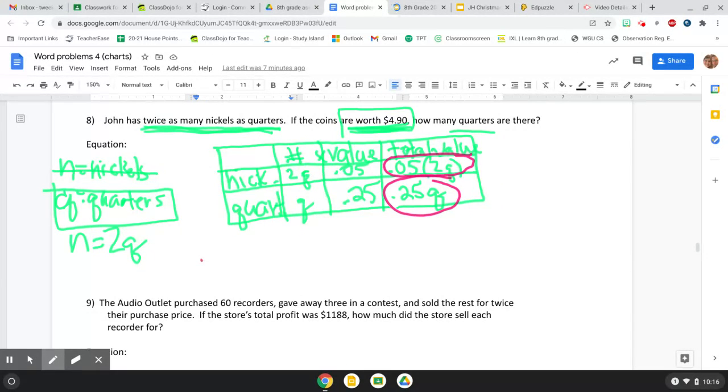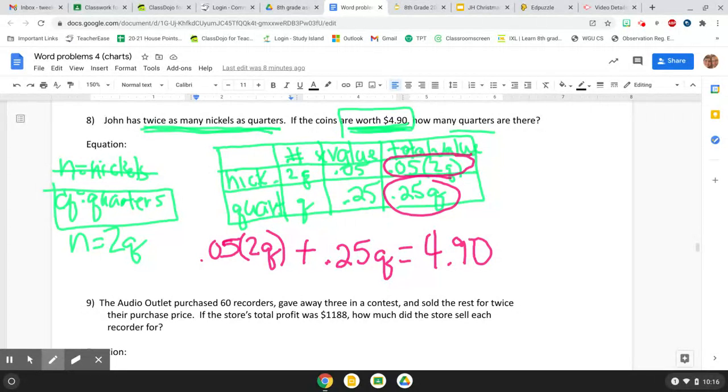So I'm taking 0.05 times 2Q, which was the value of the nickels, plus the value of the quarters, which was 0.25Q. And that should be equal to 490.